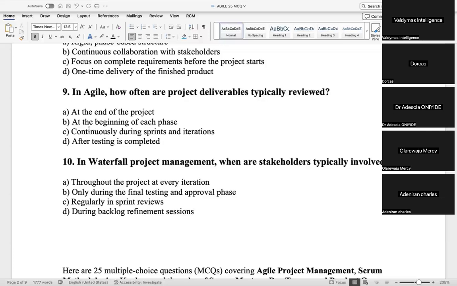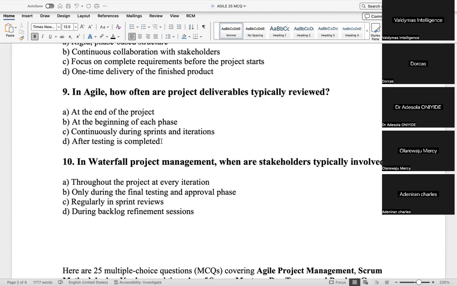Yeah, so C is the correct option, but we have to be careful. There's a methodology in Agile called test-driven development. In that methodology, the answer would have been after testing is completed, because that development follows unit testing, integration testing, functional testing, performance testing.